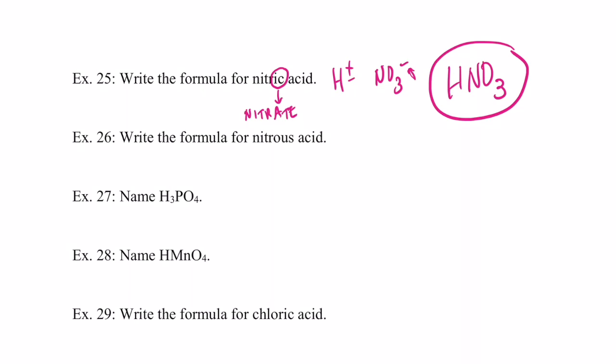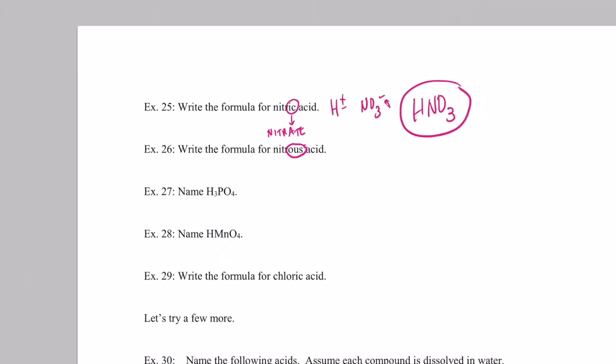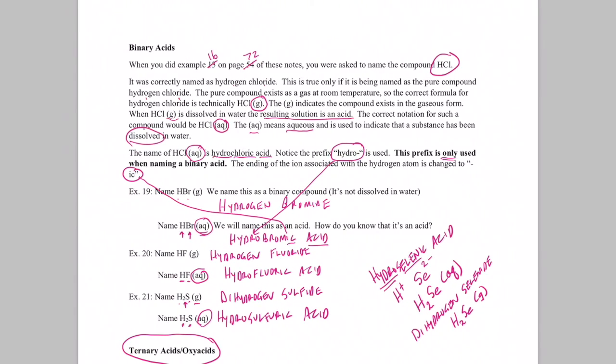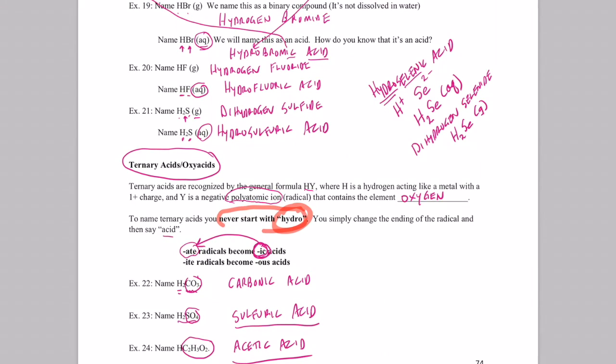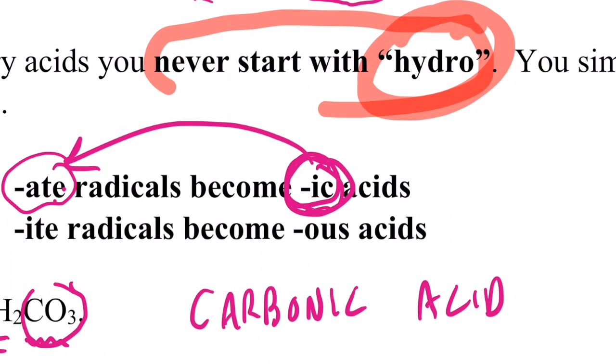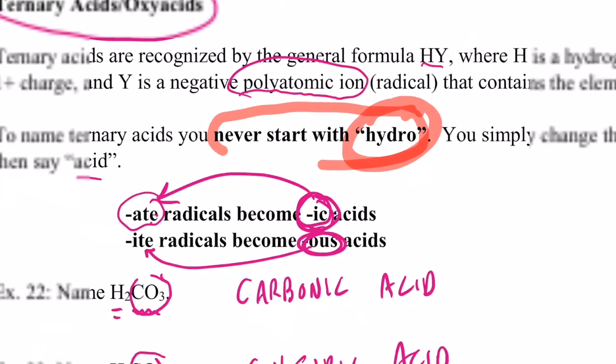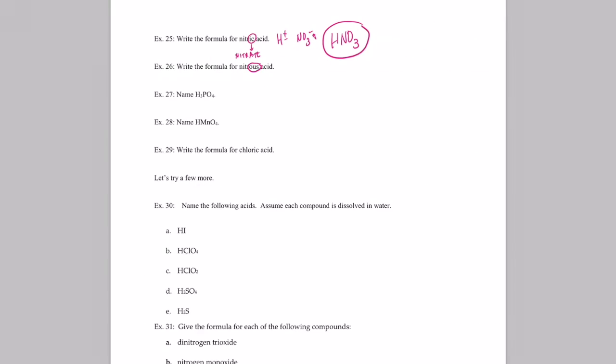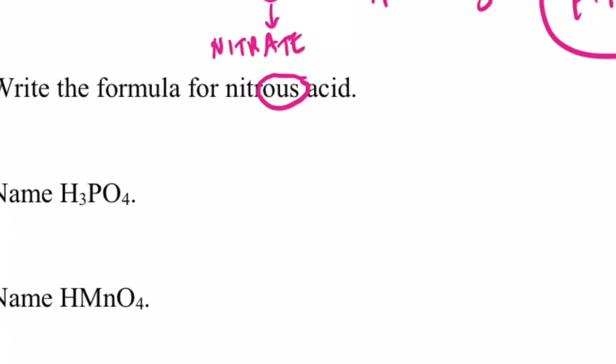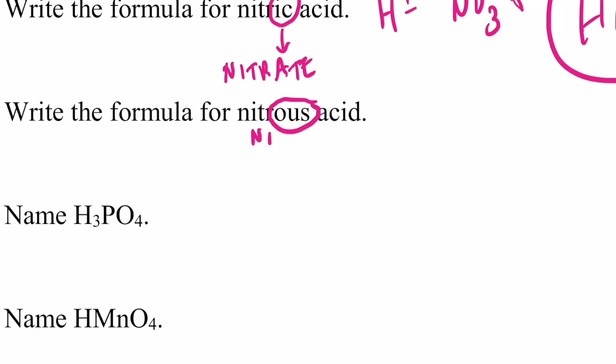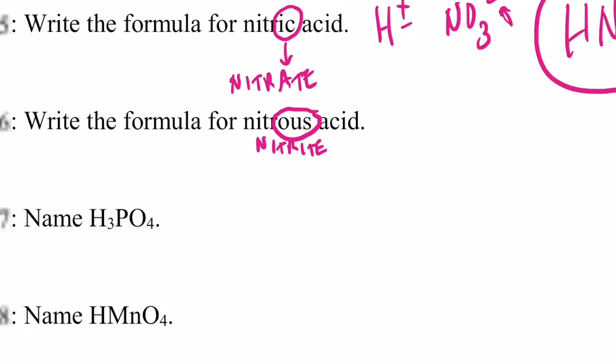Now, what if I asked for nitrous acid? Hey, we've got one that ends in ous. So let's go back a page. And remember that if it's an ous acid, the radical comes from an ite radical. So this must come from nitrite. So let's look up nitrite on our polyatomic chart.